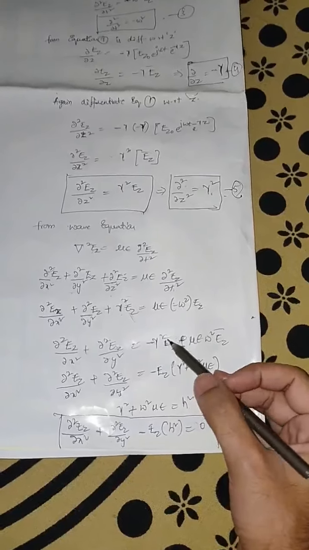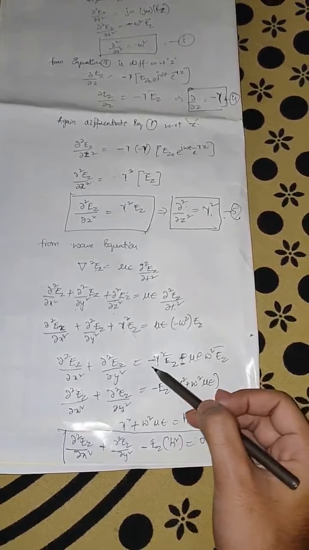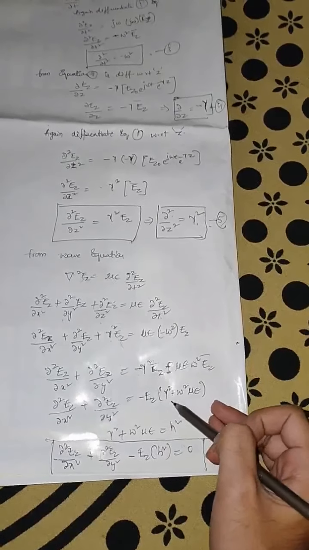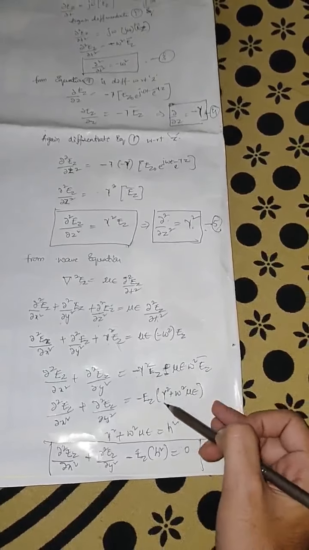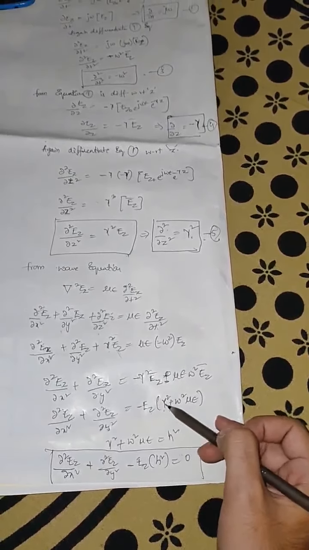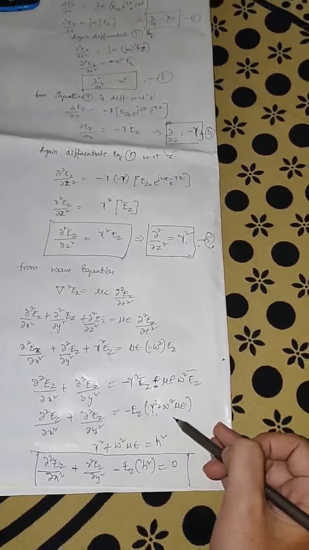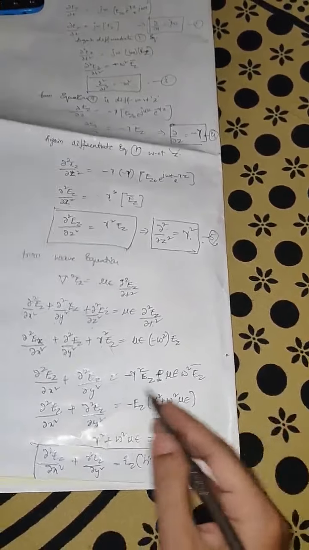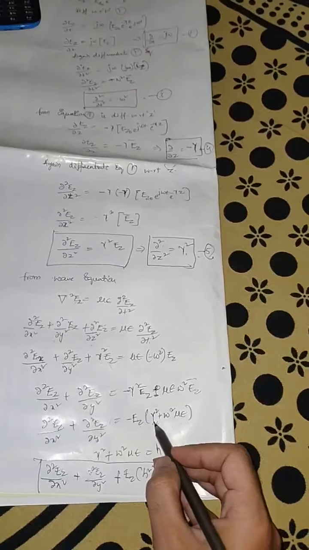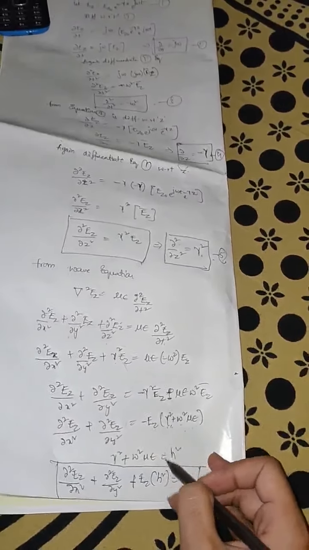You can see from this particular equation, if this term is moved to this side, it changes to a negative sign. So if we take the negative sign as common, and take Ez common, you get minus Ez times γ² plus ω² μ ε, which is nothing but h².